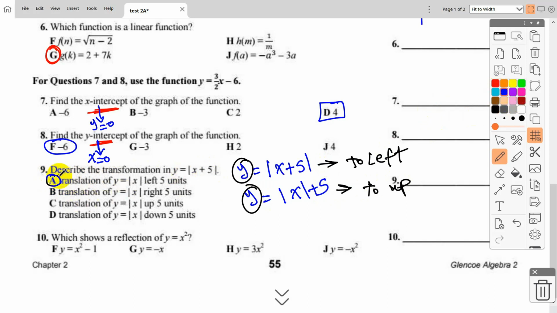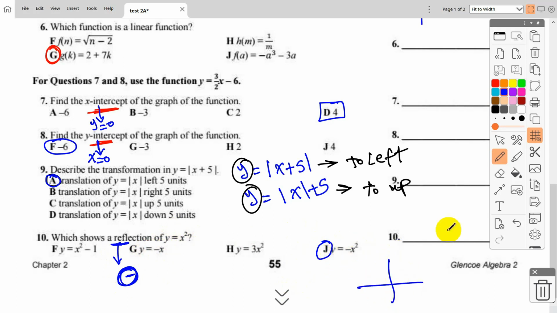Question 10, which shows a reflection of y equals x squared. A reflection means to put a negative beside x squared. So the reflection is y equals negative x squared. This is a reflection on the x-axis.